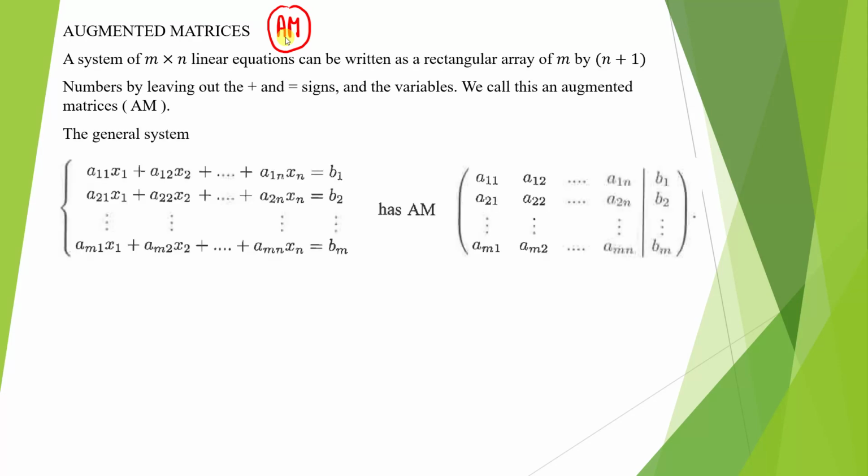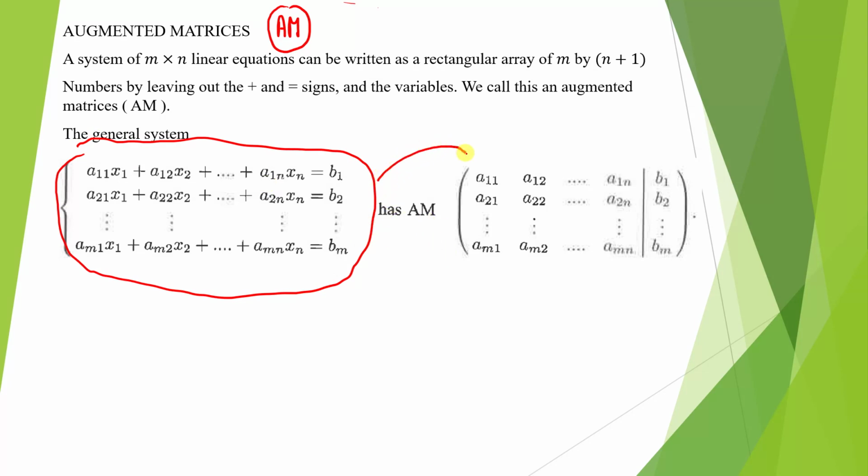In the general system of linear equations, we have m equations and n variables. So we can convert from this system of linear equations to the AM, the augmented matrix.